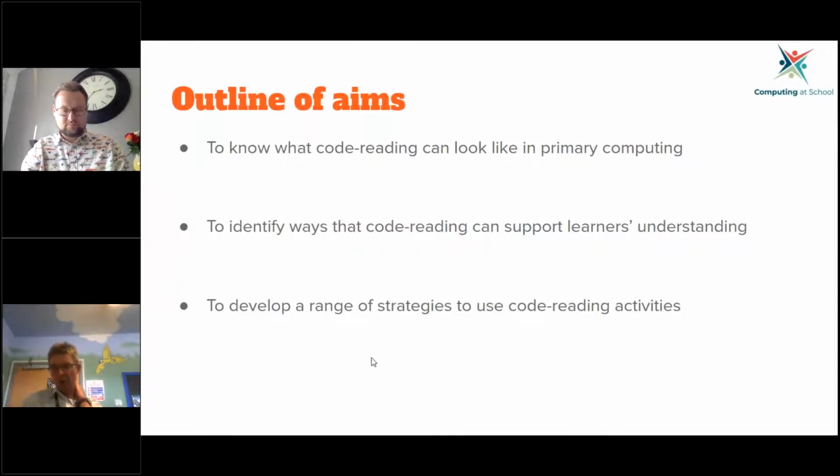So it's to know what code reading can look like in primary computing, to identify ways that code reading can support learners' understanding, and the bulk of it really is to develop a range of strategies to use in code reading activities. Hopefully, by sharing some resources that I've used myself or that I've developed for others to use in other roles, some might be ones that you can lift and use straight away, others might give you ideas on how you might use such activities.